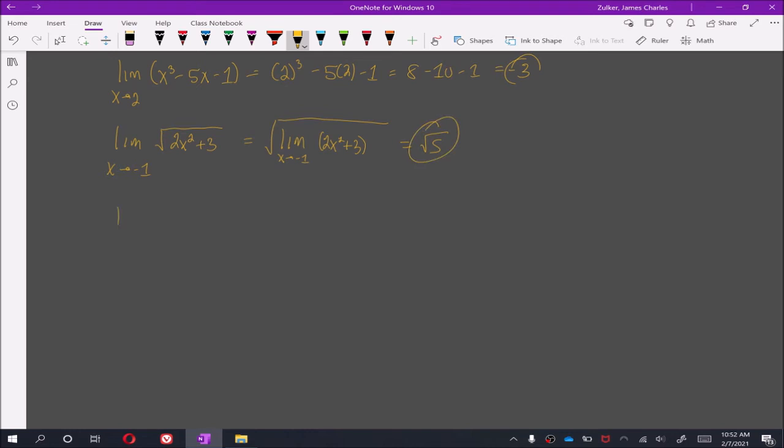Let's look at the limit as x approaches 4 of 2x over 3x plus 1. Now here, this is a rational function, so we can just plug in x equals 4, as long as the denominator won't be 0. We get 8 over 12 plus 1, which is 8 over 13.